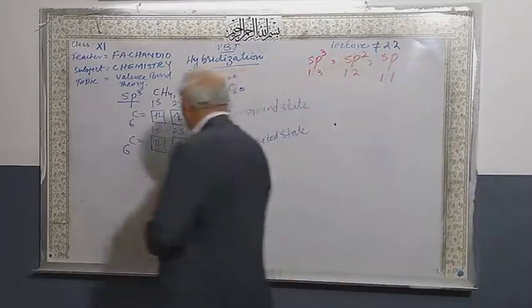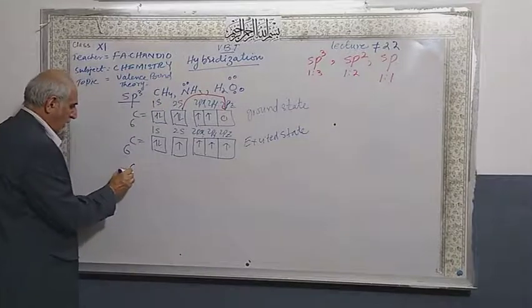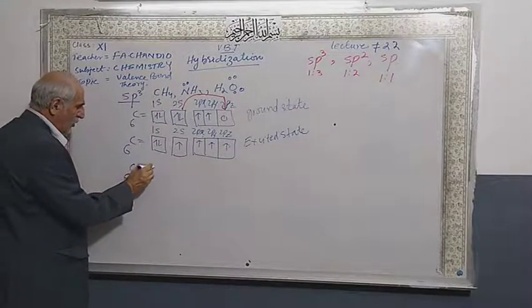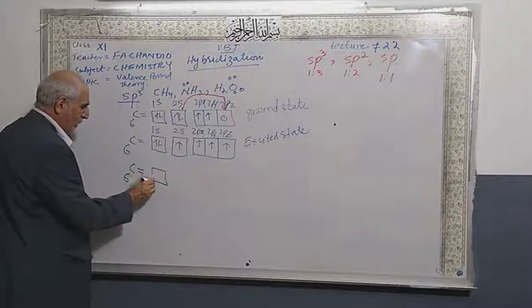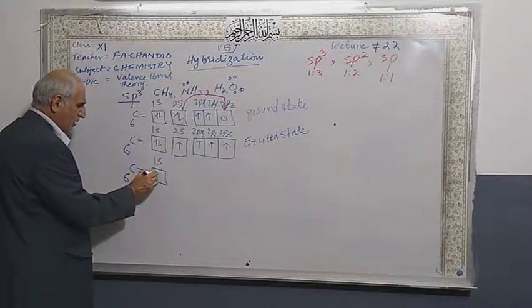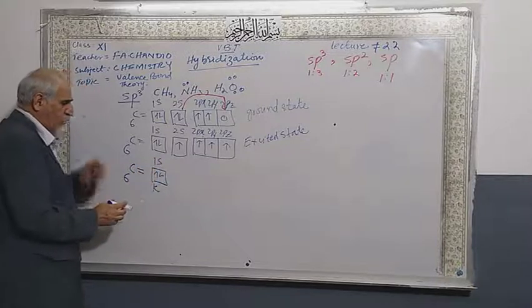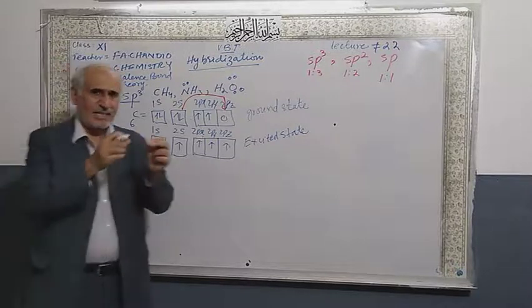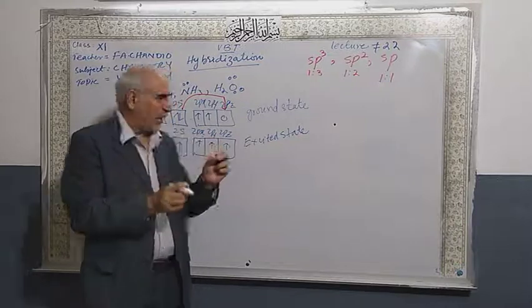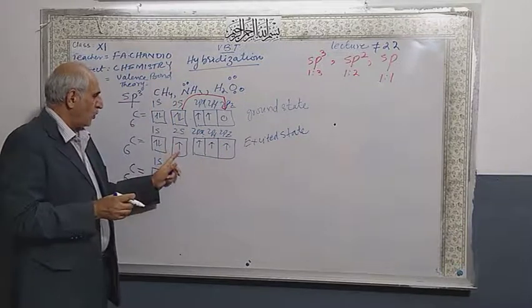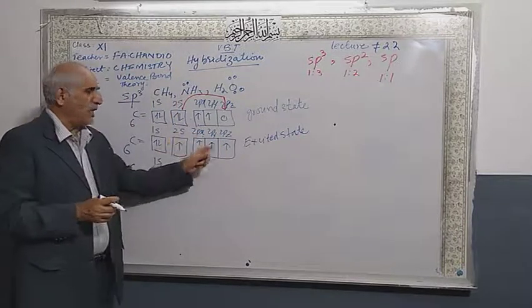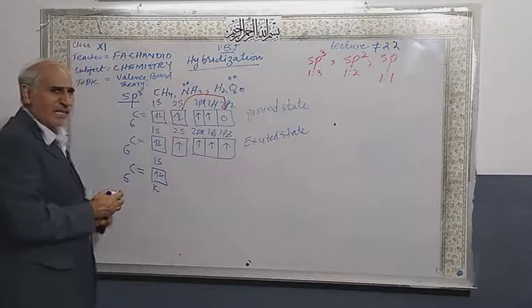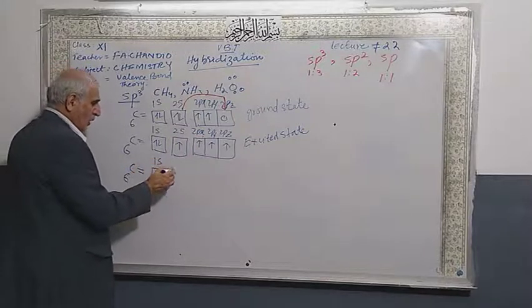Now, hybridization. I already told you the definition of hybridization. 1s is complete, the K shell is complete, so no need for it. There is an intermixing of atomic orbitals: s1 and p3, a mixing, meaning plus.